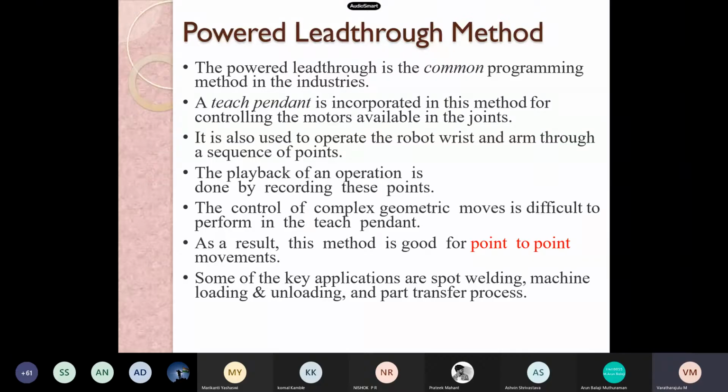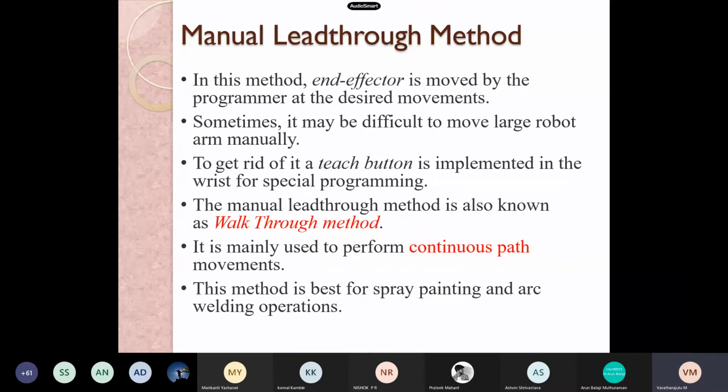Among the various robot programming methods, the lead through method is probably the most common today. The other one is the manual lead through method, usually called the walkthrough method, which is readily used for continuous path programming, where the motion cycle involves smooth, complex, curvilinear movements of the robot arm.